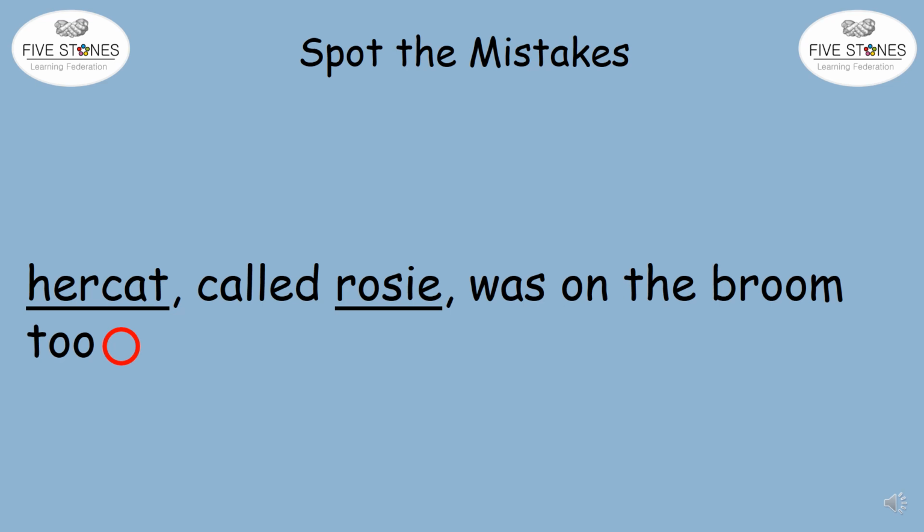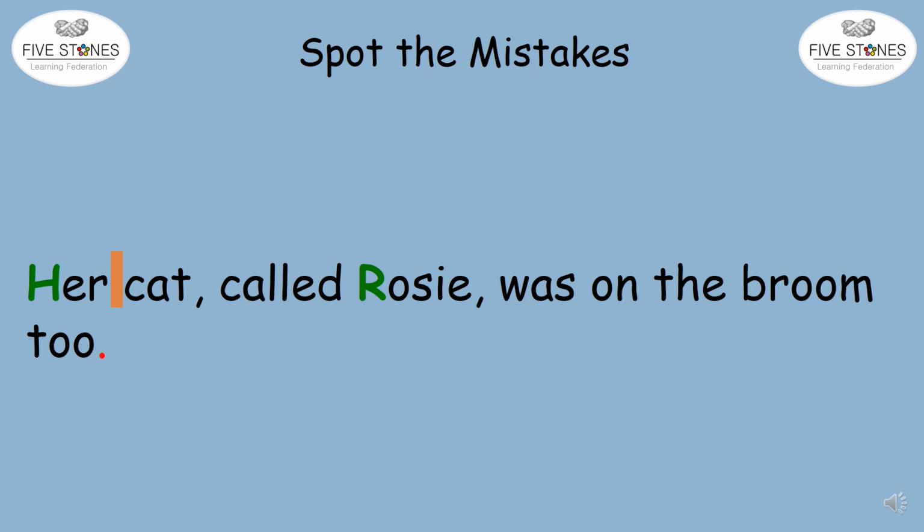We also need a capital letter for Rosie because it is a name and a full stop at the end of this sentence. Let's see how it should look. Her cat, called Rosie, was on the broom too. That looks much better.